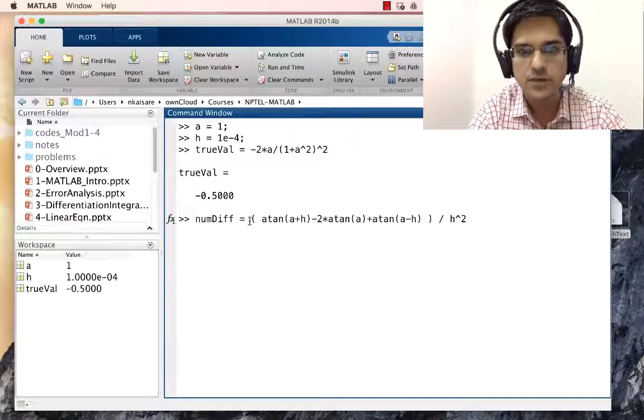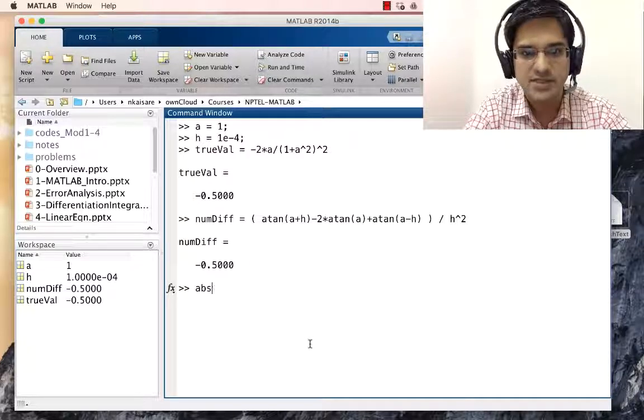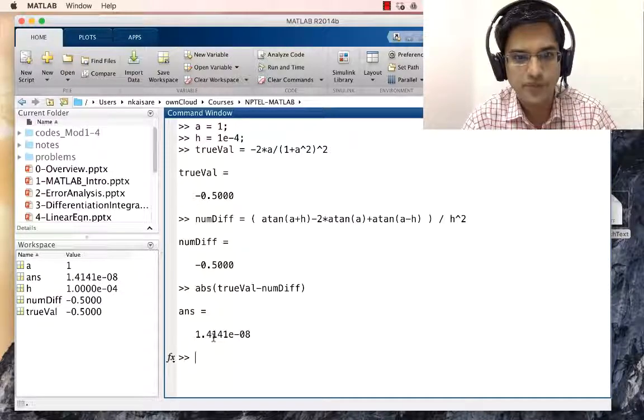That's going to be our num diff, and num diff is approximately equal to minus 0.5. The error, the difference between true val and num diff, is abs of true val minus num diff. Okay, and the error is of the order of 1.4 into 10 to the power minus 8.